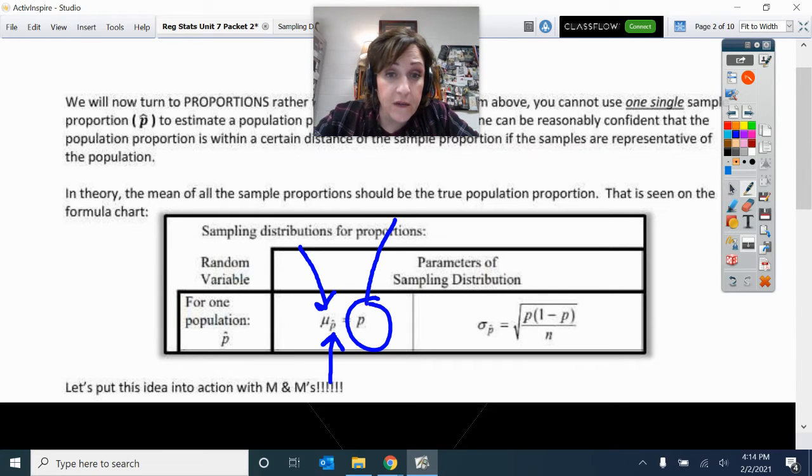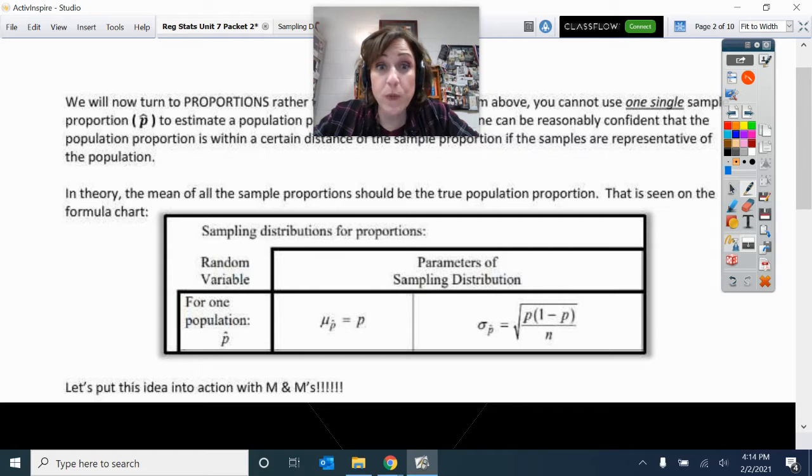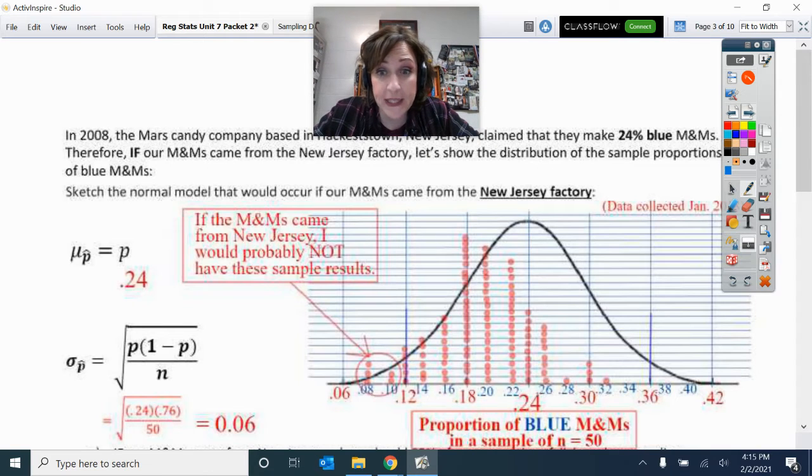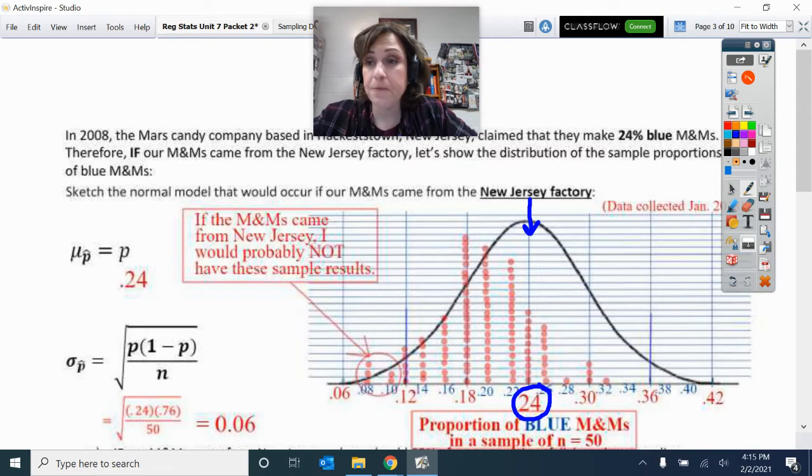That's what we would expect, and that's what I drew right here. I put 0.24 in the middle because that's where the average of all of our P hats would be, centered there if these came from the New Jersey factory.